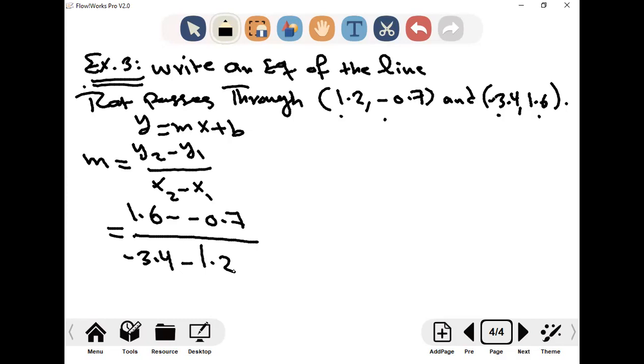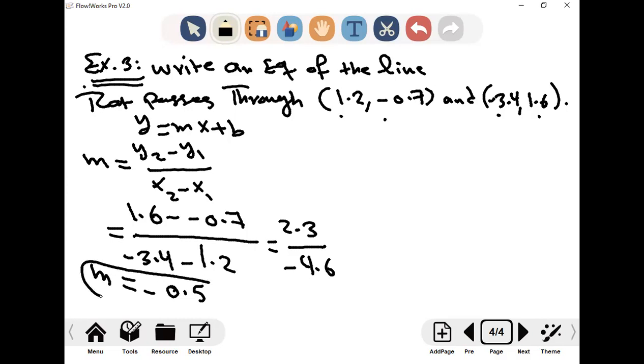Simplify and find the answer. Now 1.6 plus 0.7 is 2.3. So 2.3 over negative, we add and put the same sign, so negative 3.6. Divide them. Negative half. This is m.